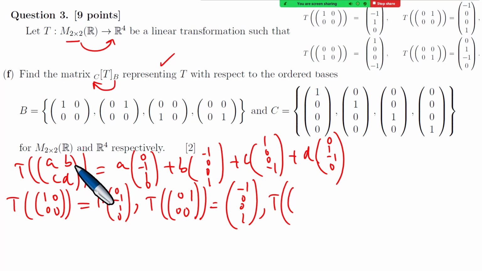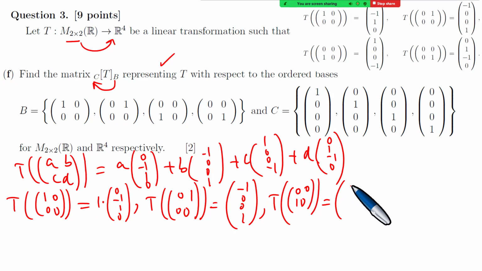So now we deal with the third one, 0, 0, 1, 0. If you look at the 0, 0, 1, 0, that is when C is 1, which is exactly this still.